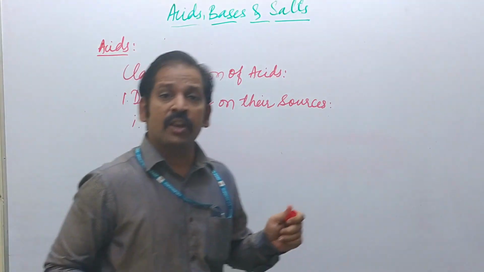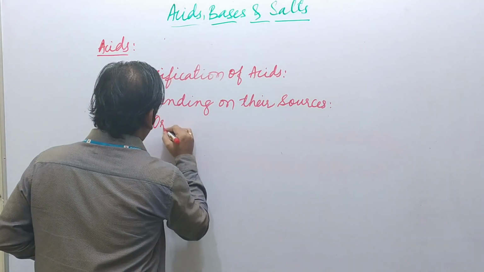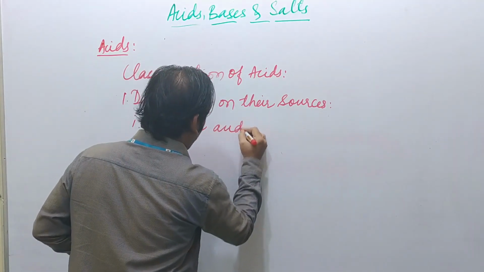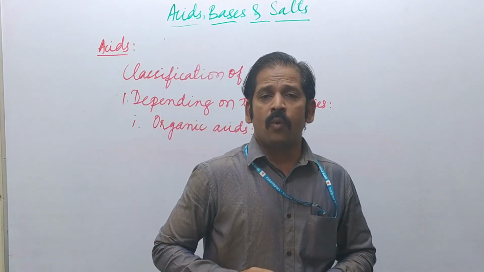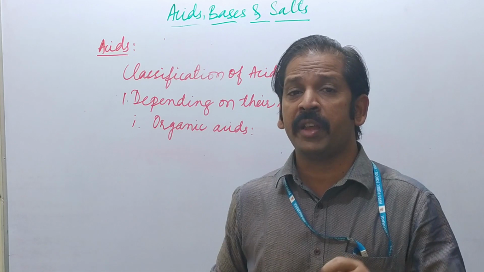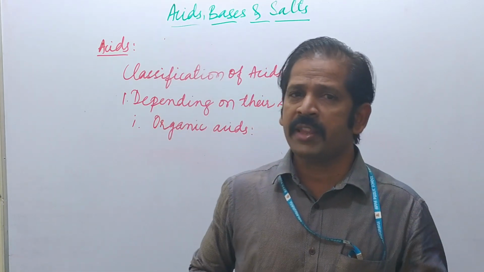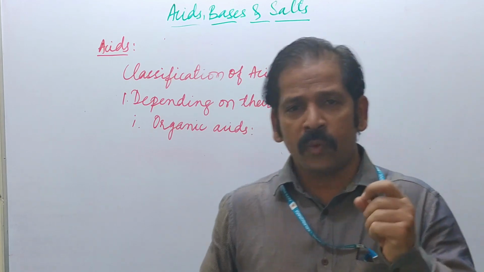The first one is organic acids. What are organic acids? These are available from fruits or vegetables.